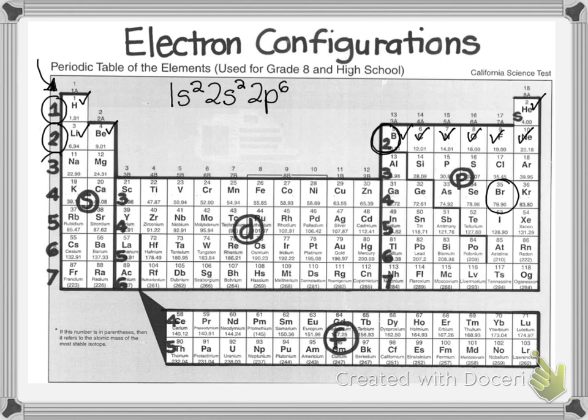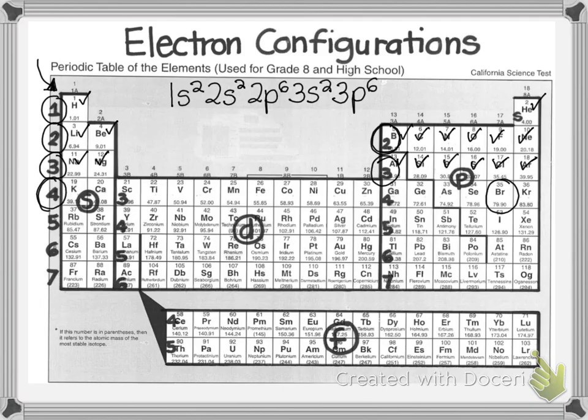Okay, now I go to the third level. I'm in the S and I go 1, 2. Then I go all the way across. Here I am again, 3P, and it's going to be 6 because I'm going all the way across. 1, 2, 3, 4, 5, 6. That gets me to argon. Okay.